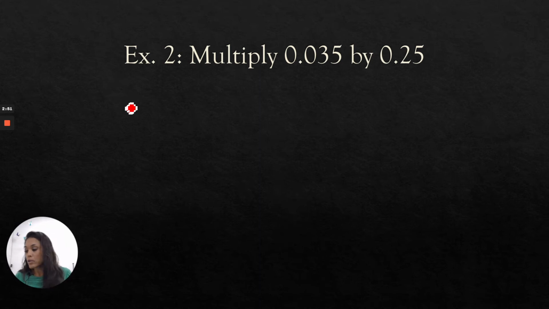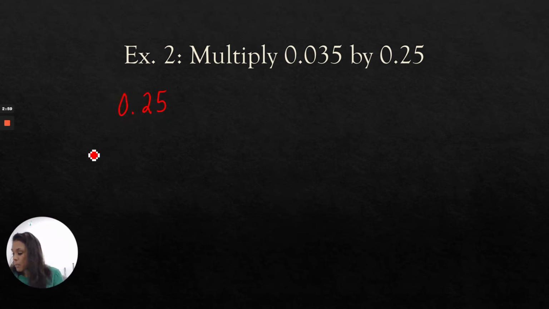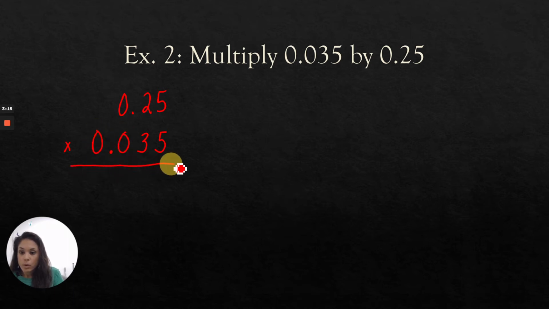Example 2, multiply 35/1000ths by 25/100ths. So I'm going to start with 25/100ths on the top and 35/1000ths on the bottom. Okay.